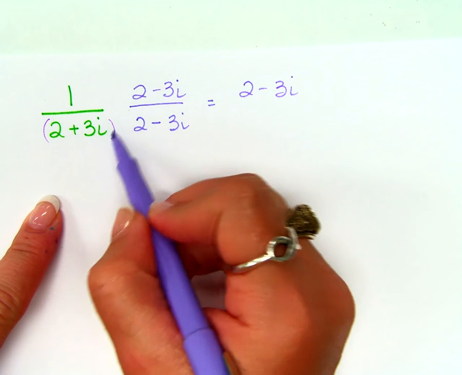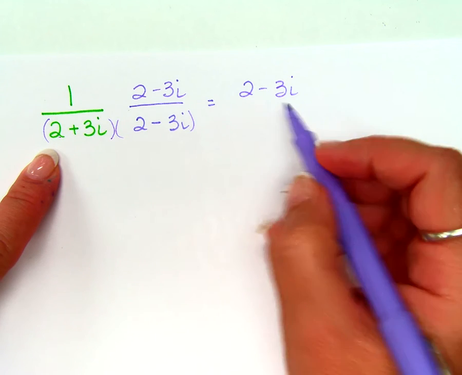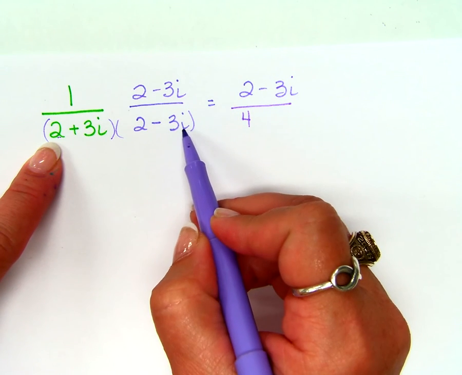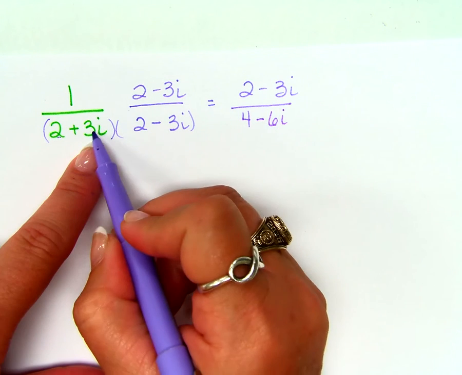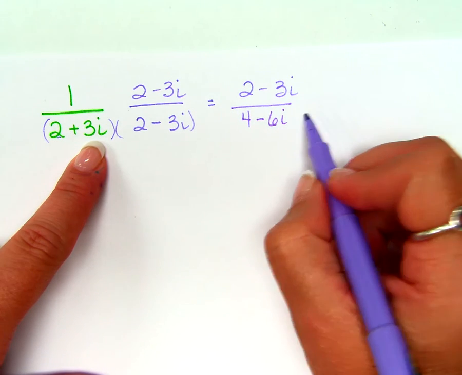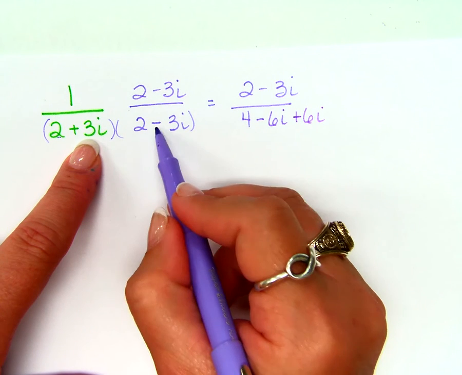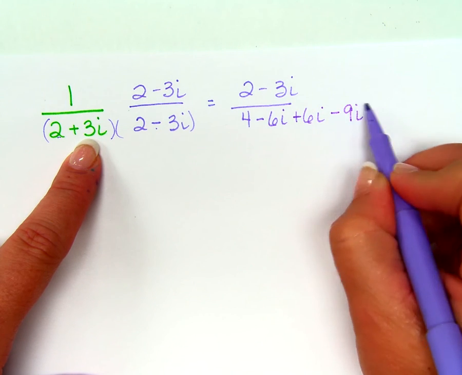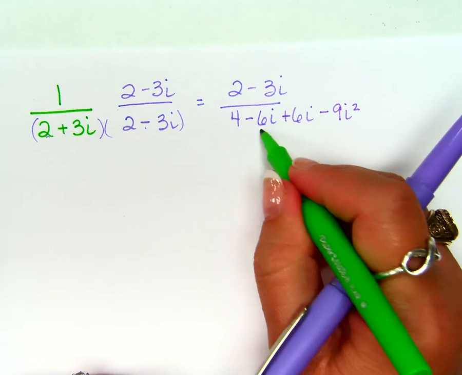Well, we just did it, so let's do it again. What's 2 times 2? 4. What's 2 times negative 3i? Negative 6i. What's 3i times 2? 6i. What's 3i times negative 3i? Negative 9i squared.